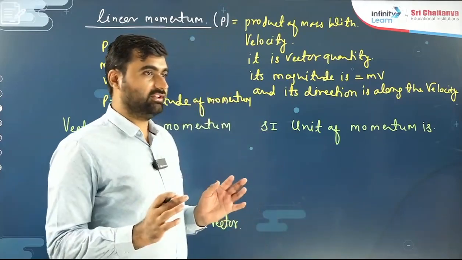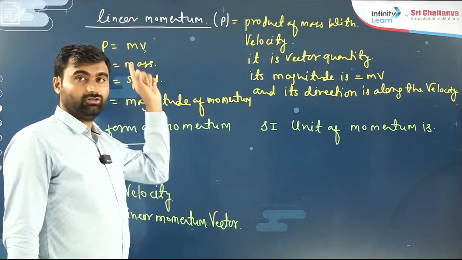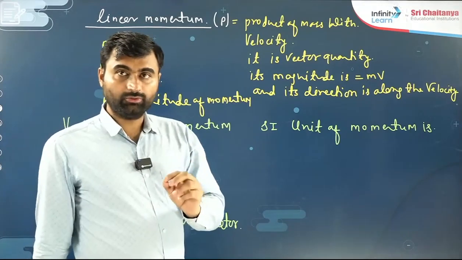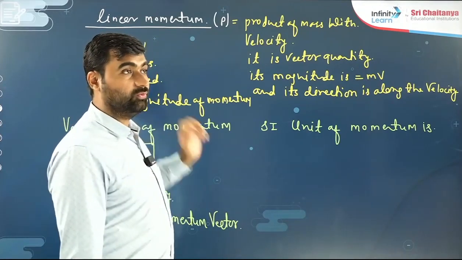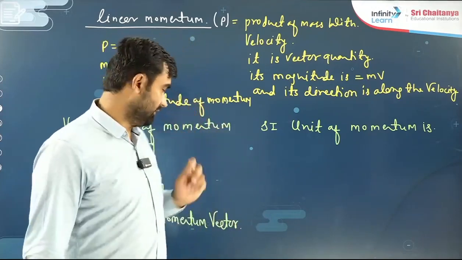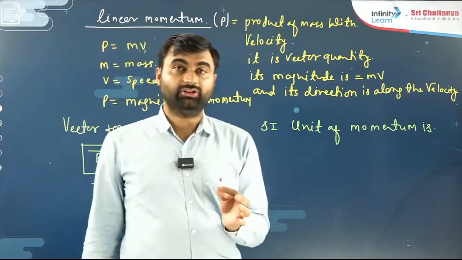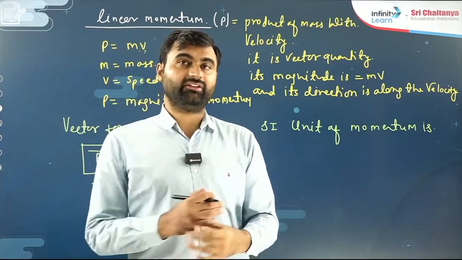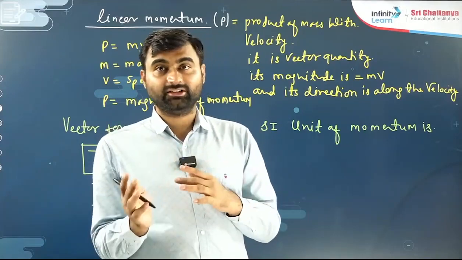So how to calculate? Very simple. You have to find out the unit of each quantity that is in the formula. Now which formula? Some students can ask, sir, this formula or this formula? So a very important punch point: what is it? Whether the quantity is scalar or vector.